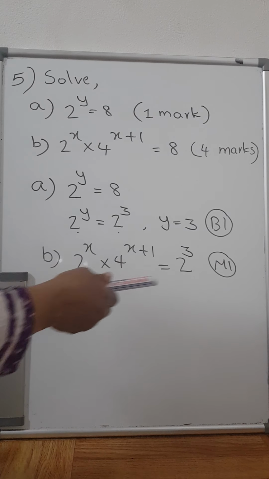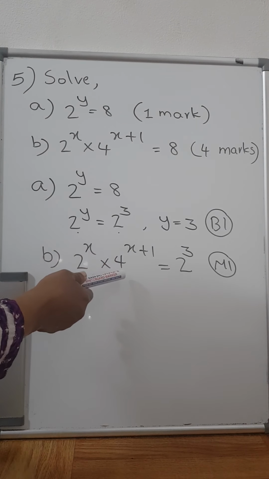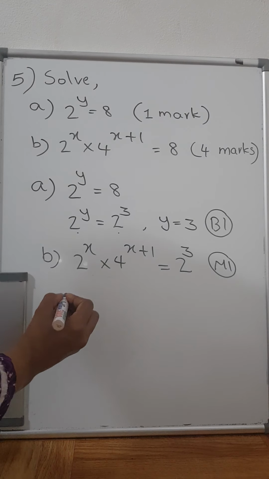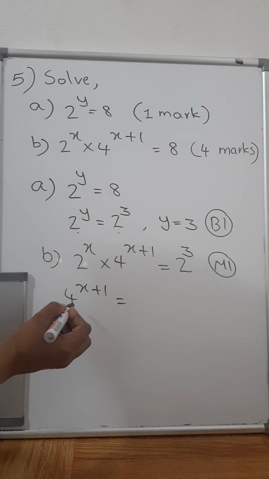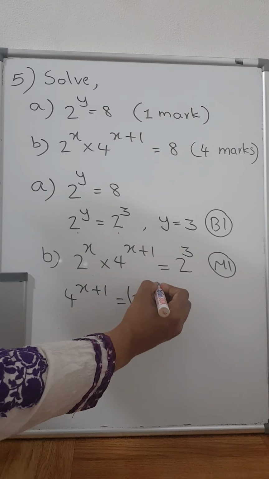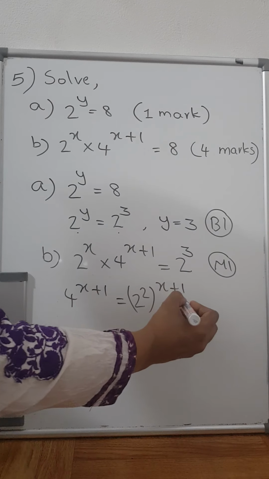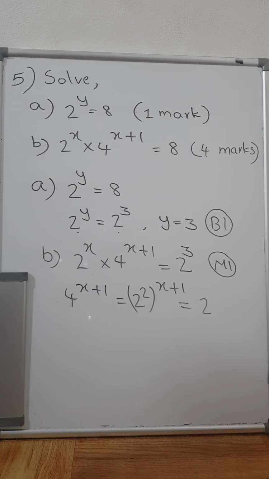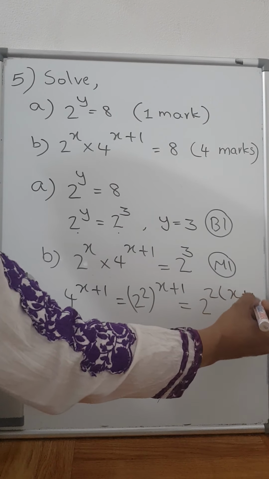Now you see, the right hand side base is 2. So we can try to make the left hand side base also 2. So 4 to the power x plus 1 we can write as 4 is 2 square, 2 square to the power x plus 1. Now we can apply the power law that makes it 2 to the power 2 times x plus 1.